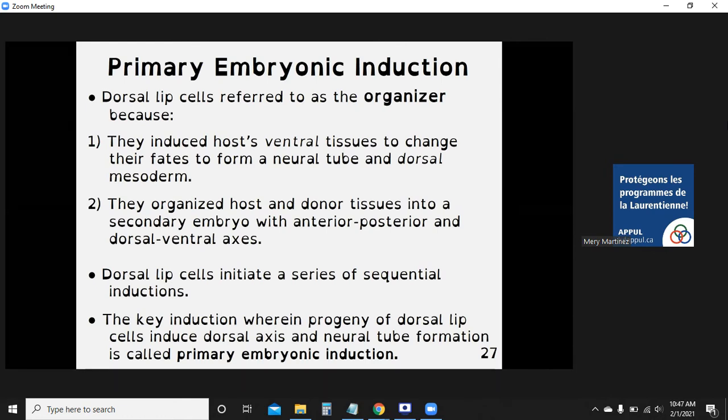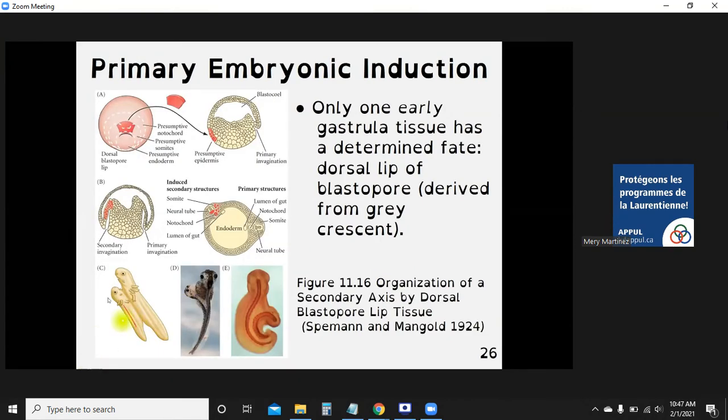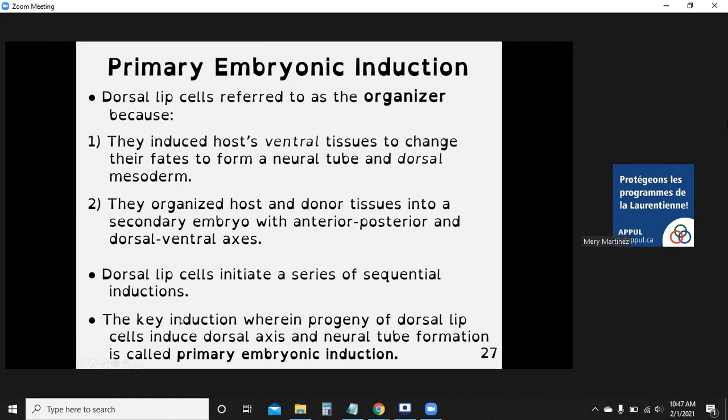The second reason why we call this the organizer is because they organize host and donor tissue into a secondary embryo with clear anterior-posterior and dorsal-ventral axes. So if we go back, it has the whole thing, anterior-posterior, dorsal, ventral. Okay, so those two reasons make the dorsal lip cells called the organizer.